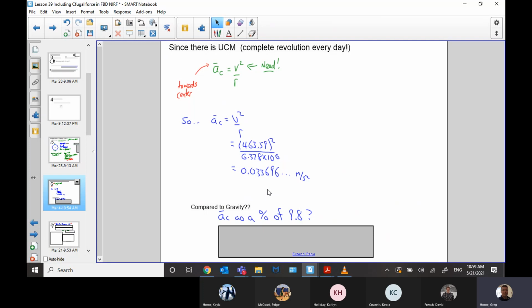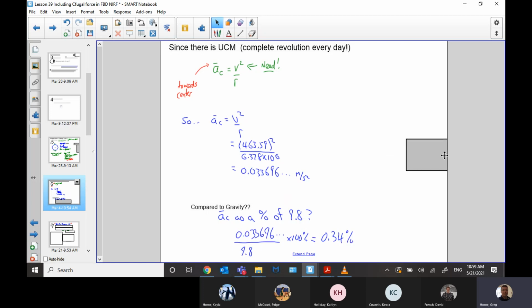So v squared over r, we got the v, we know the r, we can get the acceleration. It ends up being, because the radius is so big, 0.033696. So that's a pretty small number for acceleration. But if you express it as a percentage of 9.8, you're doing 0.0337 divided by 9.8, it's 0.34%.